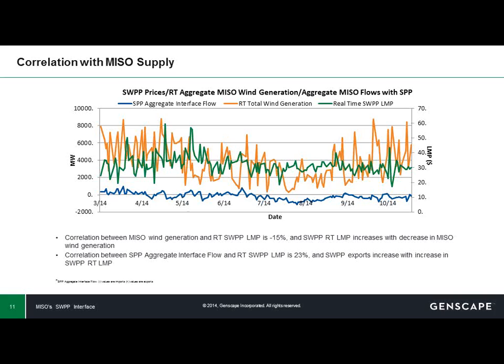The correlation between the SPP aggregate interface flow to Swpp is only 23%, indicating that the higher the SPP price is, the greater the export is from the SPP region.